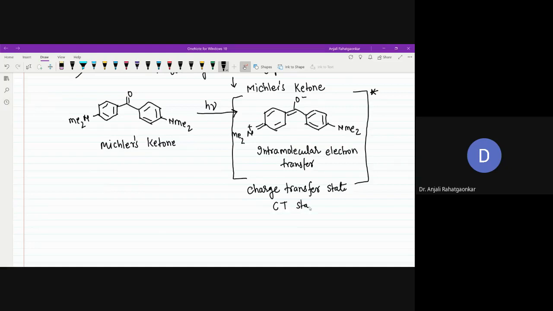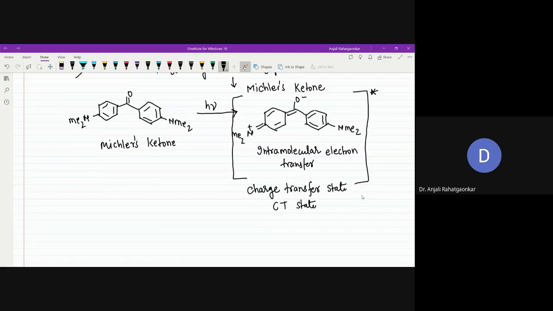You must have heard CT state quite a few times. So upon photoexcitation it absorbs energy, but instead of forming any singlet state, triplet state or free radical, the intramolecular electron transfer happens over here. So this intermediate is nothing but the charge transfer state.